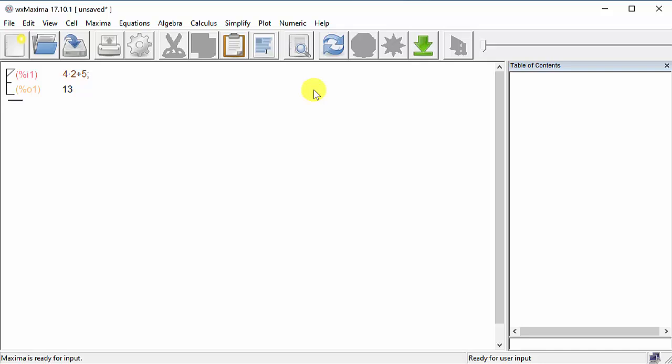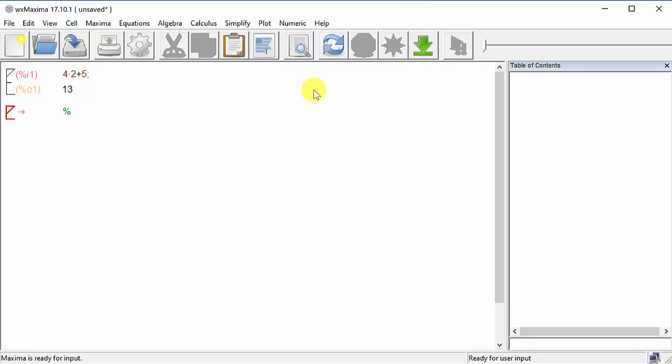Now, let's suppose that we wanted to add the square root of 3 to this number. We could type in 13 plus square root of 3, or square root of 3 plus 13. It doesn't matter. But one way we can do it, since we want to add square root of 3 to this number here, is we can put percent. And what that's going to do is recall your last answer.